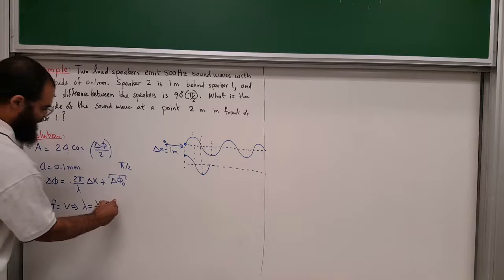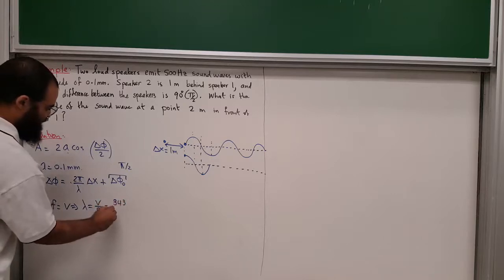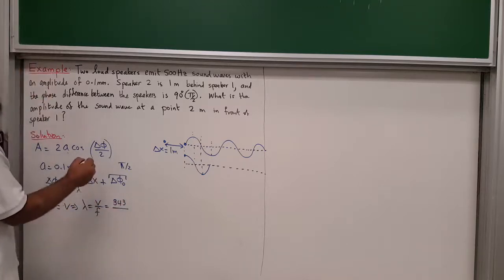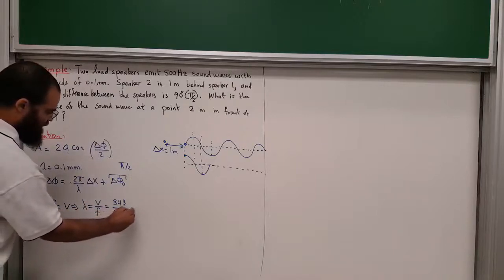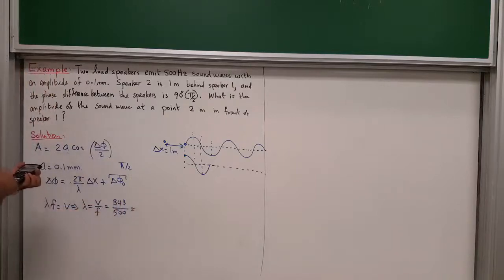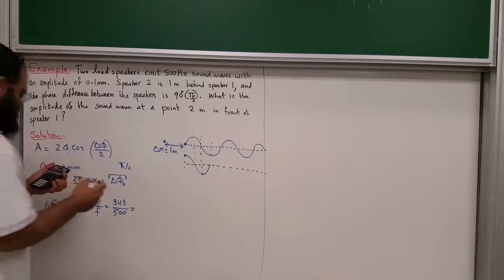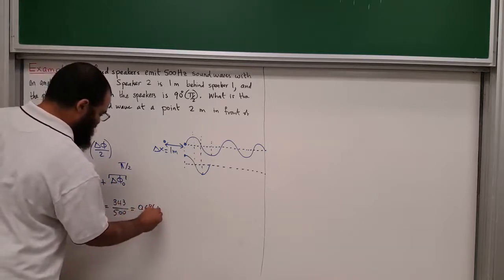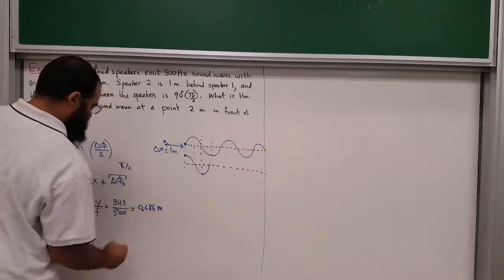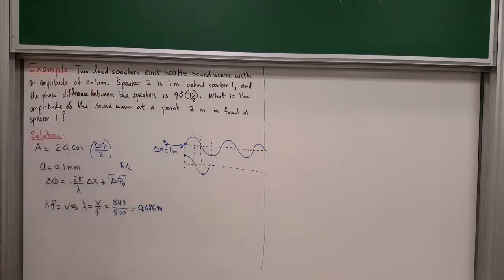The speed of sound in air is 343 meters per second, and f, we're told, is 500 hertz. So we get 343 over 500, and that gives me 0.686 meters. That is lambda.